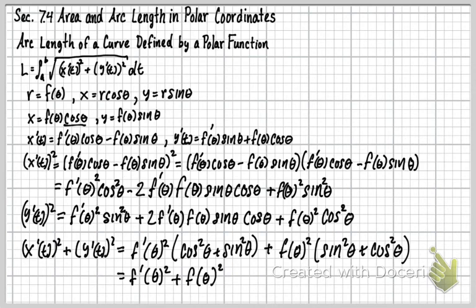That actually simplifies very nicely. Now, when I put that in my handy dandy formula here, this is going to be the integral from alpha to beta of the square root of, and simply all of this in here is just going to be f prime of theta squared plus f theta squared, square rooted, d theta.